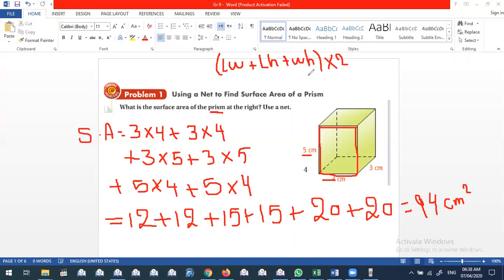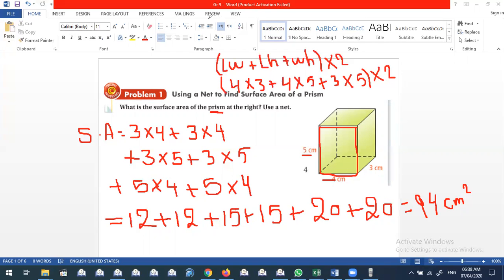All times 2. Let's check. Length by width, length is 4, width is 3, so it will be 4 by 3. Plus length by height, it will be 4 times 5. Plus width by height, width is 3, so 3 times 5. Times 2.